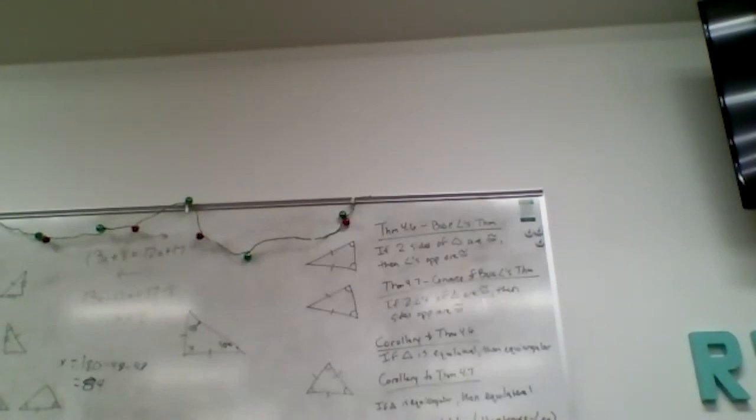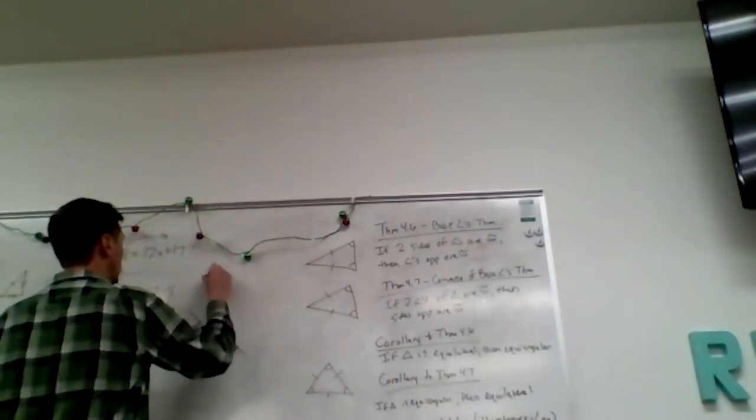Which question was that? That was question 50. So 51 would be the same thing. X would be 50, because those are angles opposite the congruent sides, right? What about 52?